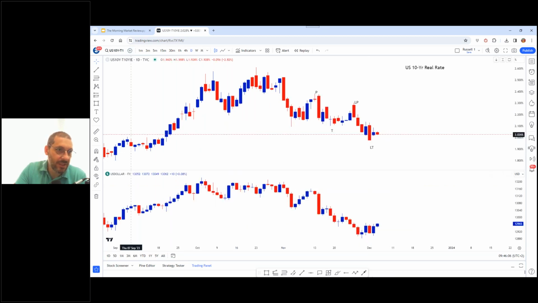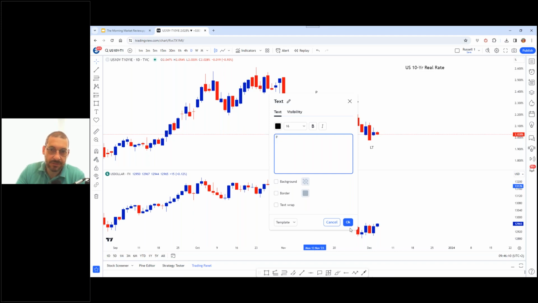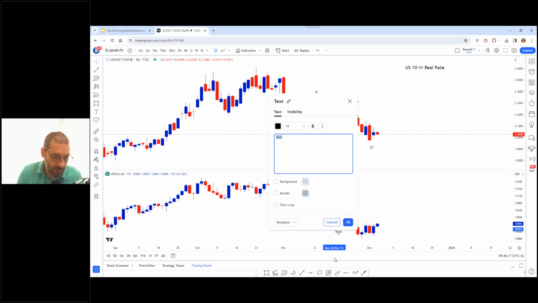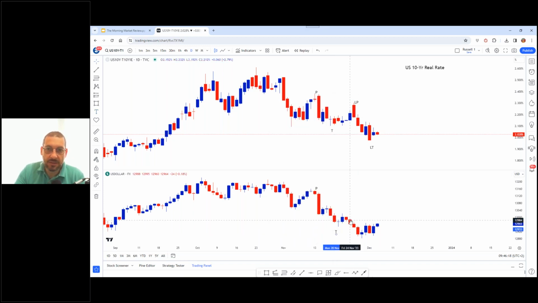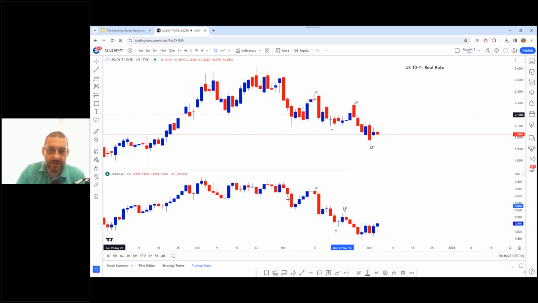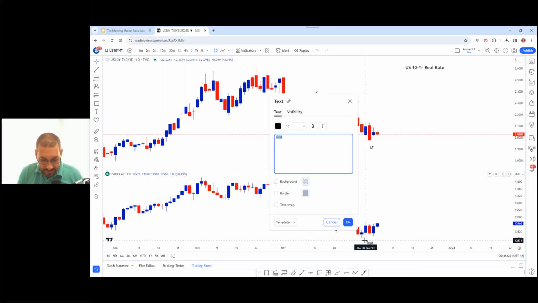And you can see, let's put in the peaks and troughs here. You've got a peak. It's similar, right? Here's the trough. Here's the lower peak. Here's the lower trough. Now, this is because of the disinflation.